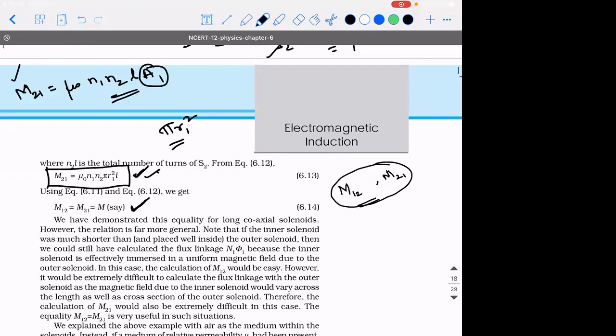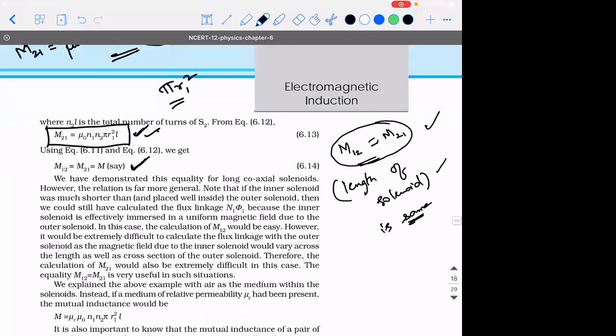They both have the same value, provided the length of the solenoid in both the cases is the same. So if the length of the solenoid in both the cases is the same, then we can say M12 is equal to M21, right?